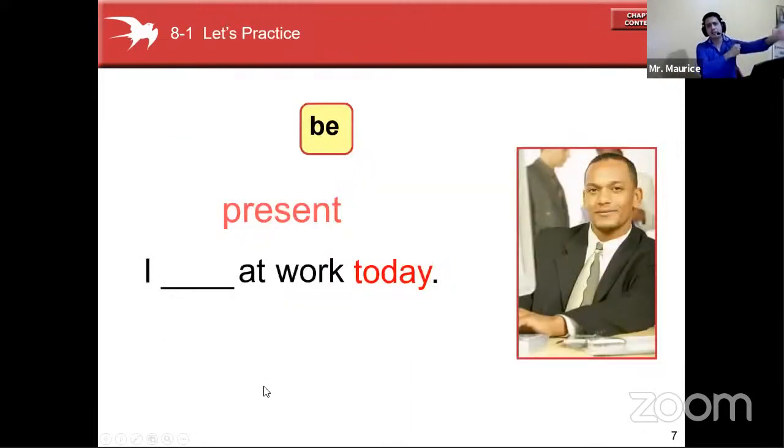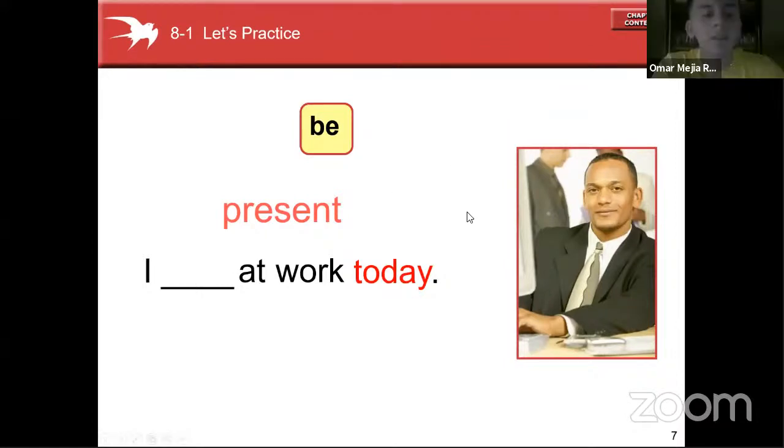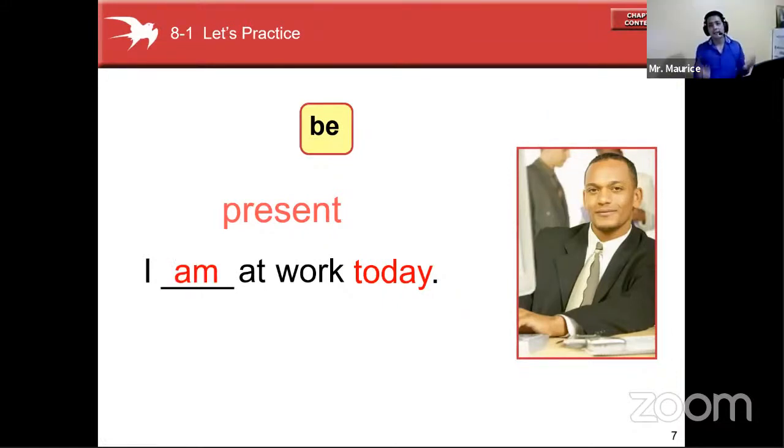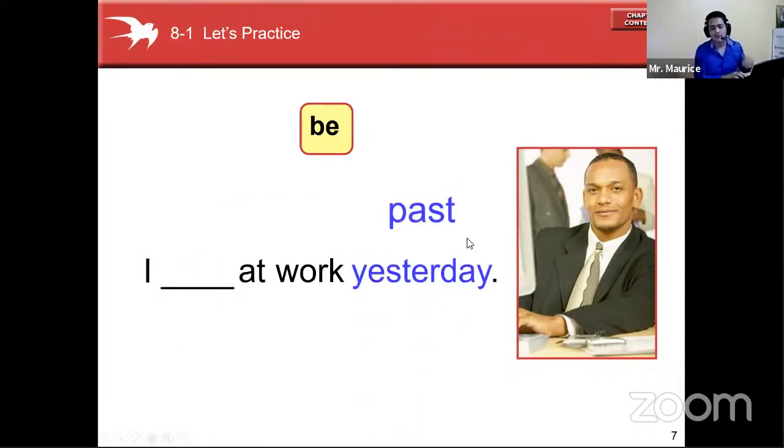Let's carry out some exercises. Number 1. What might be the correct answer for this exercise? Present. Yes, correct. It's V and it says present. What about this one?